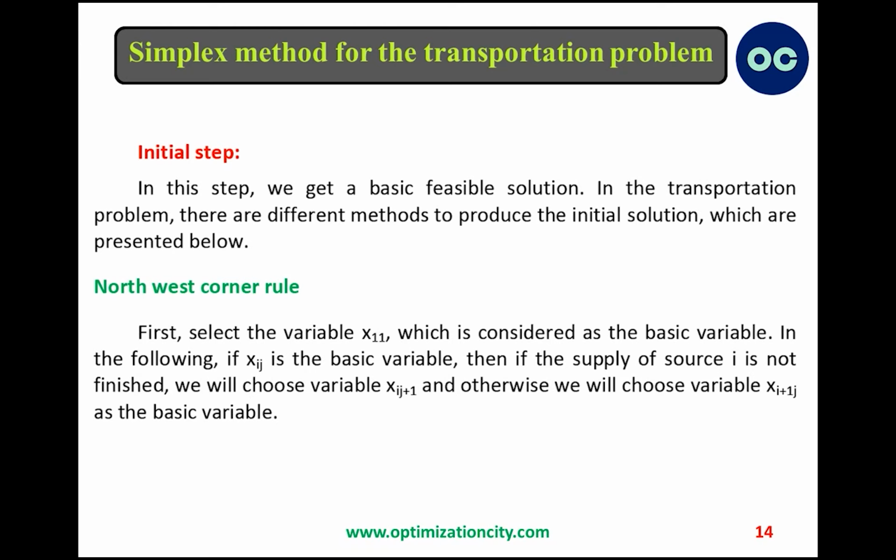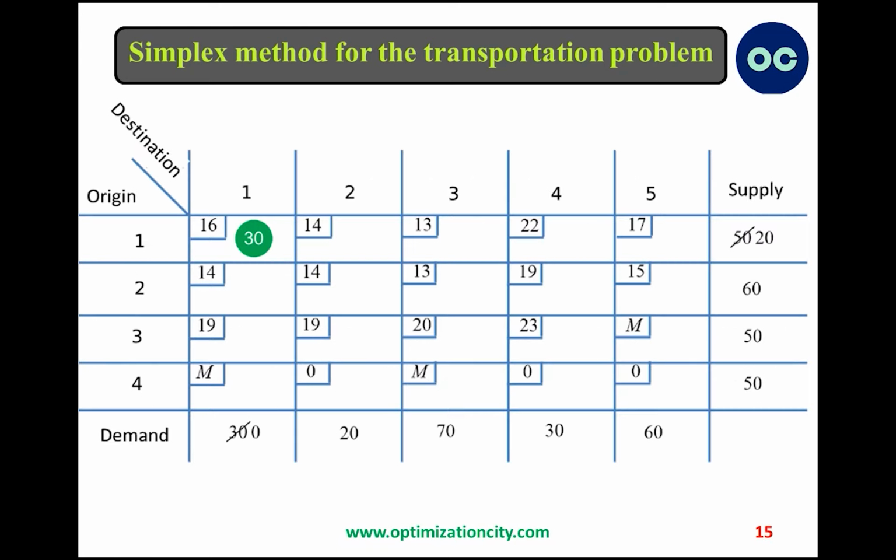However, if the supply from source i is fulfilled, we select xi+1,j as a basic variable.